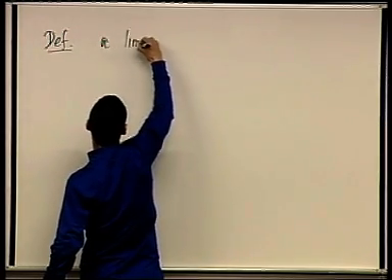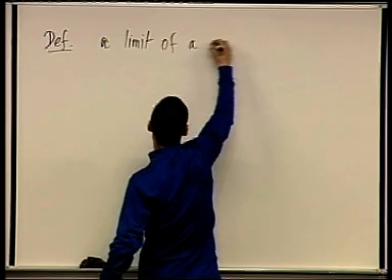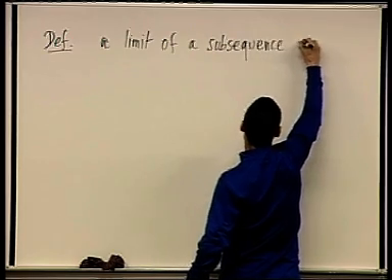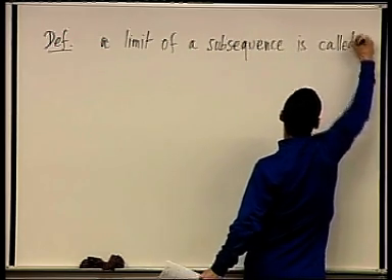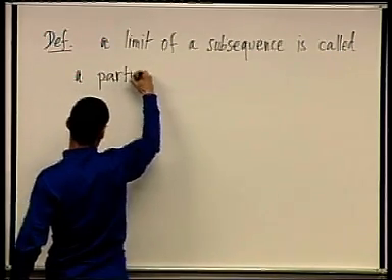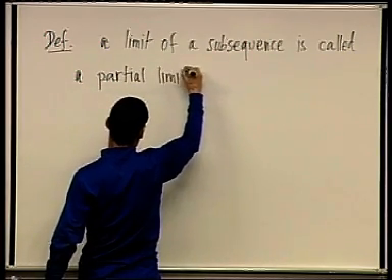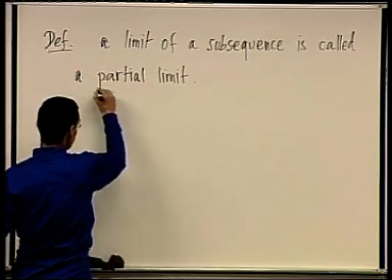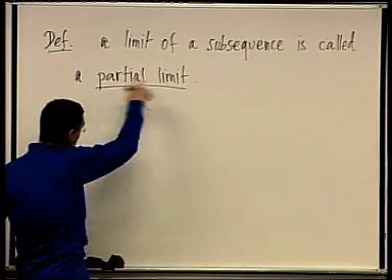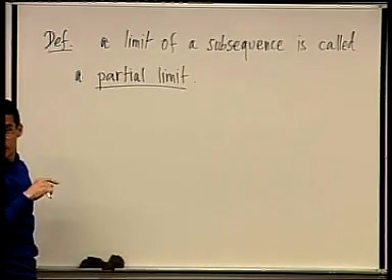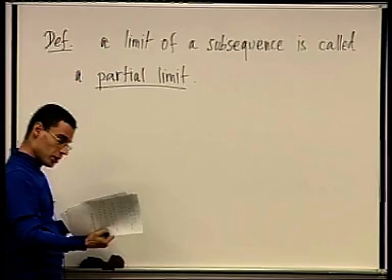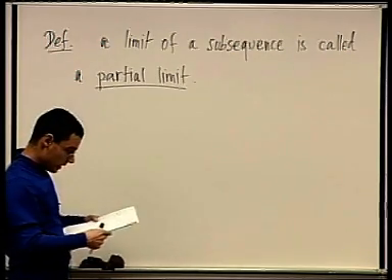A limit of a subsequence is called a partial limit or a sublimit. A partial limit of the original sequence. Okay, so a limit of a subsequence is called a partial limit of the original sequence.